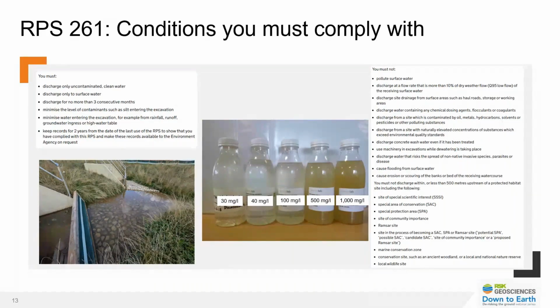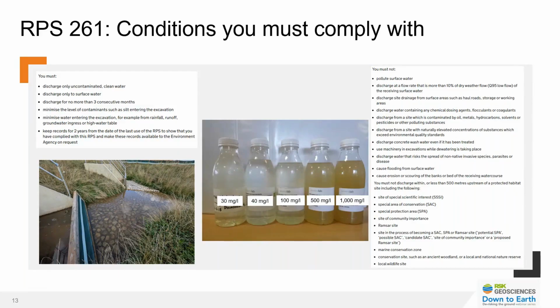So the water really does need to be very, very clear of suspended solids before you can discharge under the RPS. I've already mentioned that it's a continuous 3-month period, but there are other stumbling blocks, including the fact that you'll need to have robust mechanisms in place to limit any water entering an excavation, either from rainfall or from groundwater. You'll have to be able to prove that the discharge from the excavation doesn't include drainage from haul roads or other working areas. So these temporary excavation works really do need to be isolated from other active areas of your construction site.